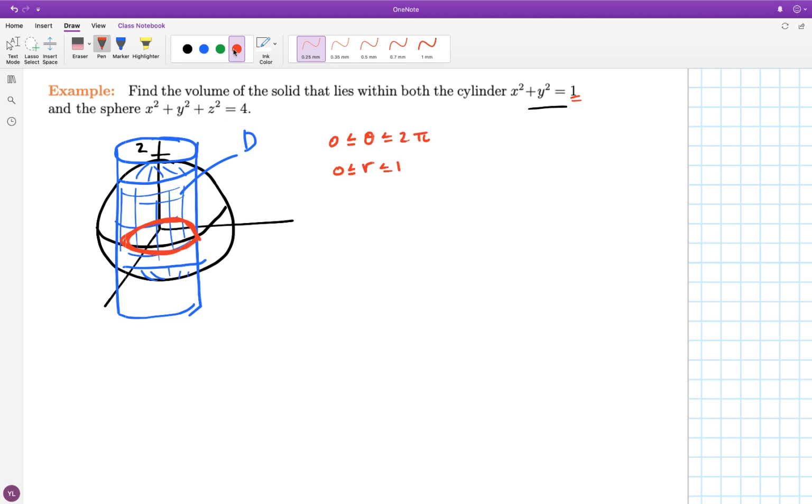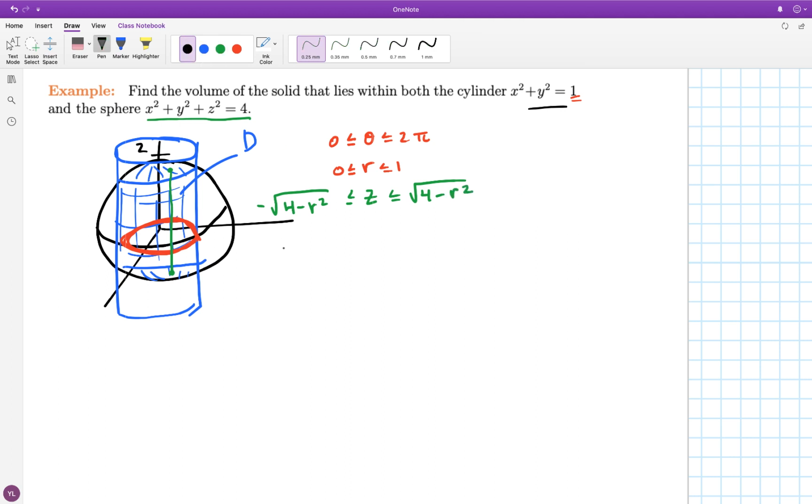And then what's left to do is express z at most this top hemisphere value and at least the bottom hemisphere value. So it's similar to what we did in the previous slide. This would be negative square root of 4 minus r squared. So I'm just taking this sphere equation and solving for z. That would be the bottom hemisphere, and converting to polar coordinates. And the top would be the square root of 4 minus r squared as well.